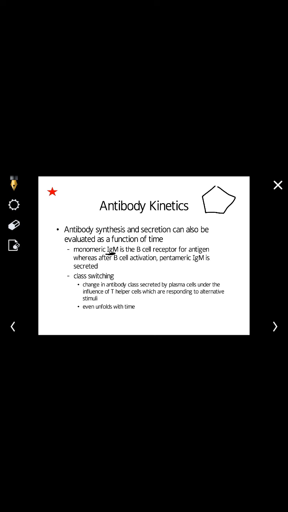So when it's activated, pentameric IgM is secreted right here, but it's just normal IgM before that.